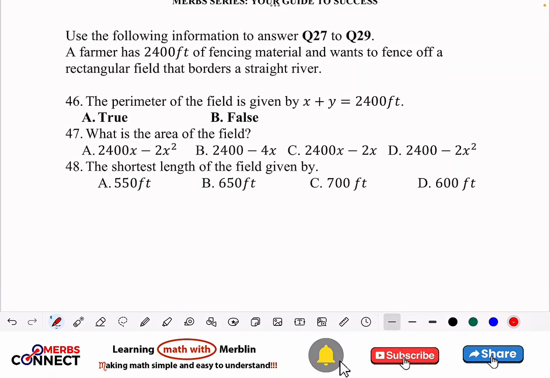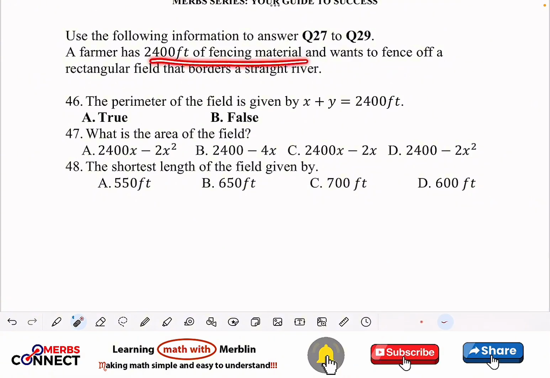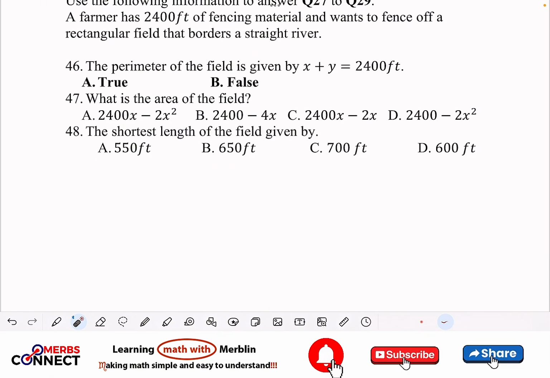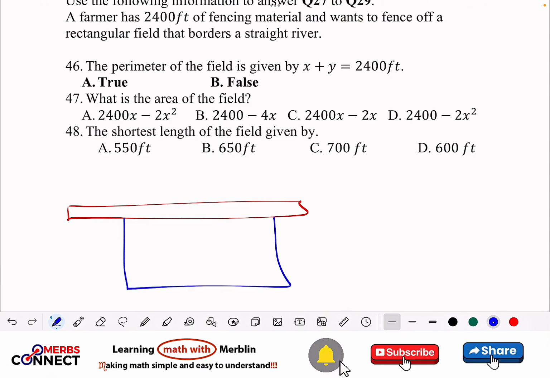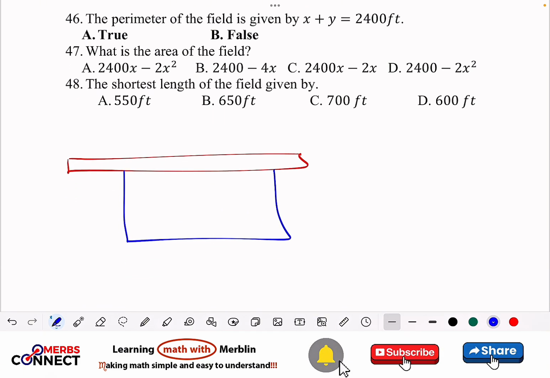A farmer has this much fencing material and wants to fence off a rectangular field bounded by a straight river. So let's assume that this is the river here. So we are going to have something like that. If we have something like this, I can name this one to be x. It means that this one is going to be x and this one is going to be y.